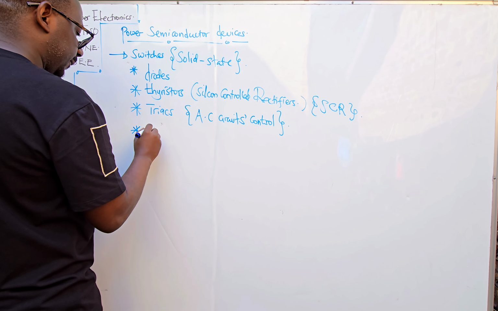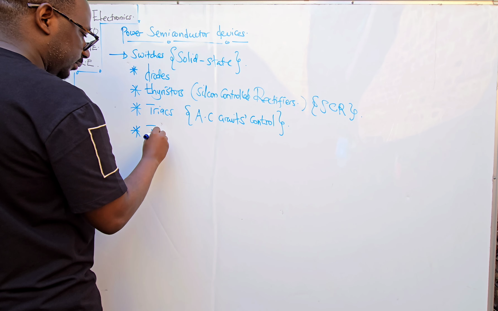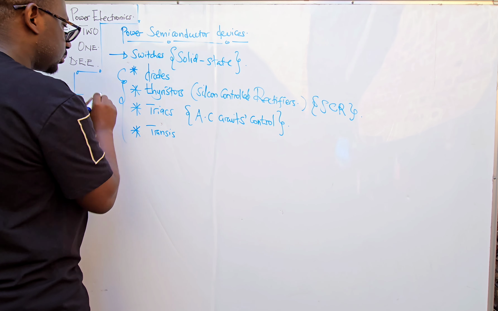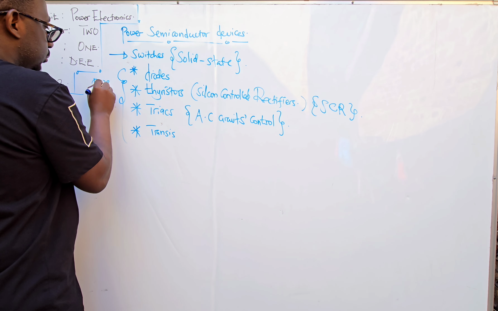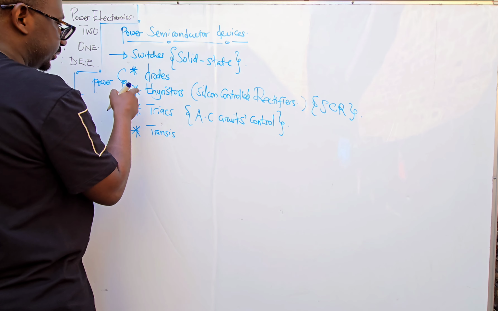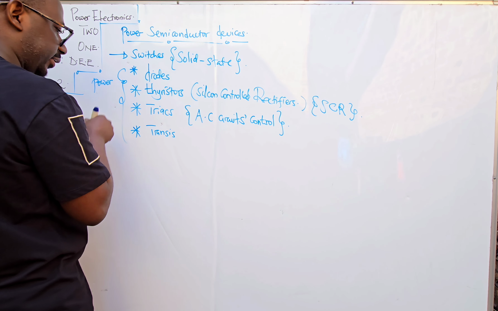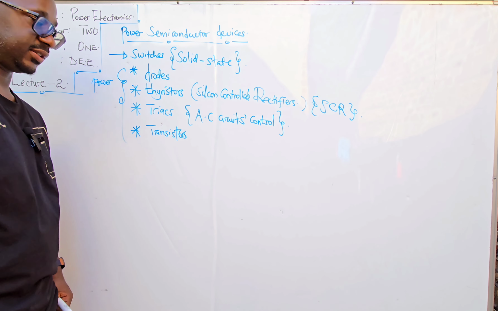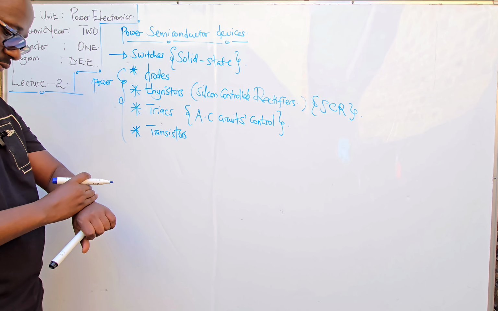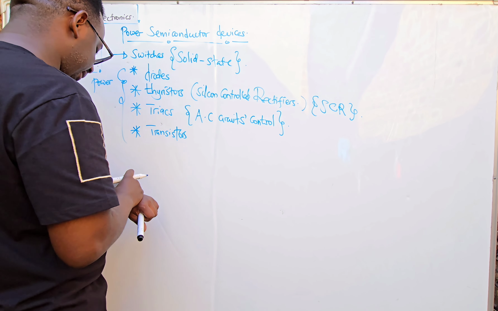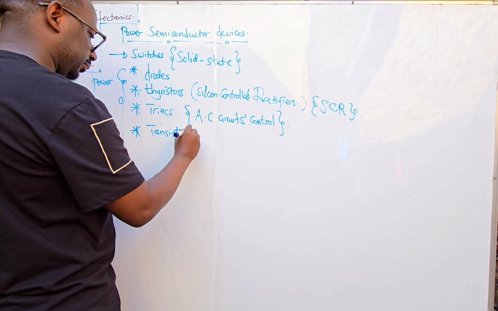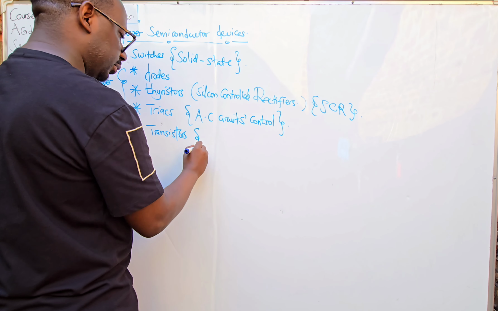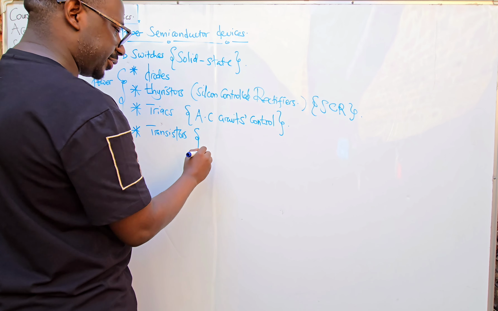Another one, these are transistors: power diodes, power thyristors, power triacs, power transistors. So power transistors include subcategories.